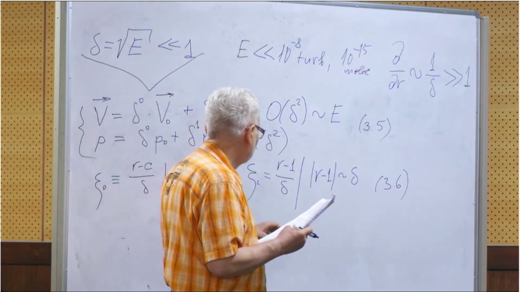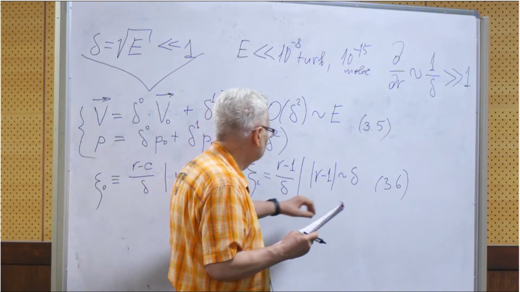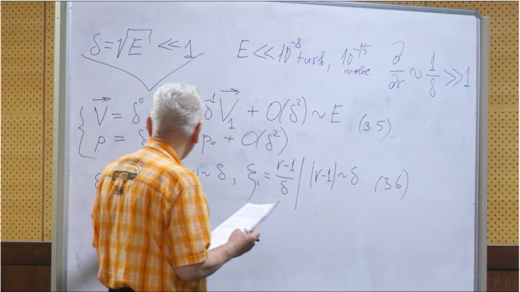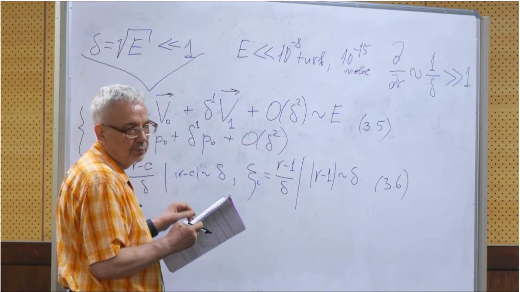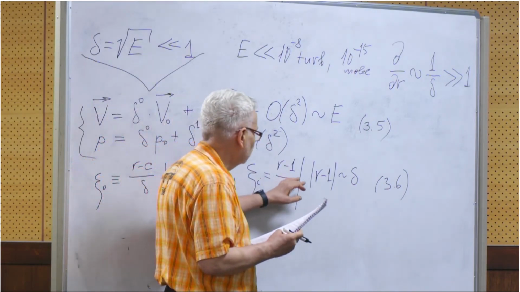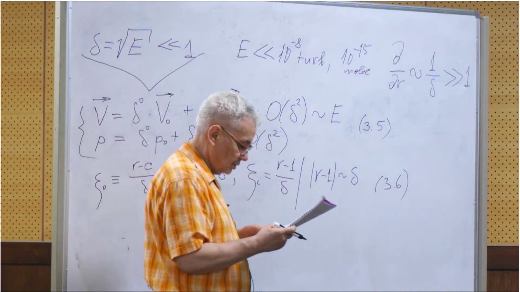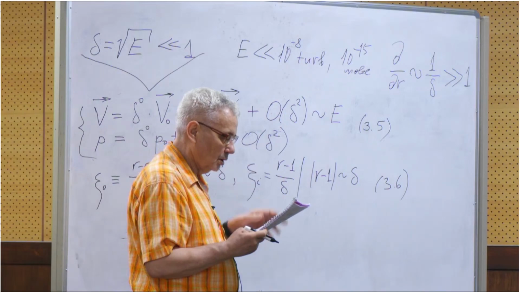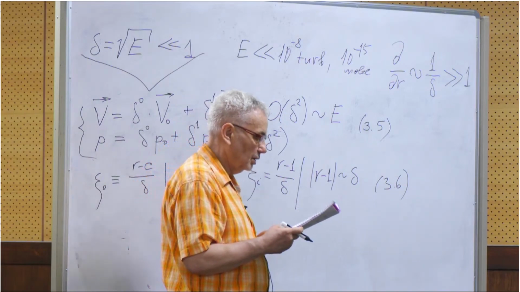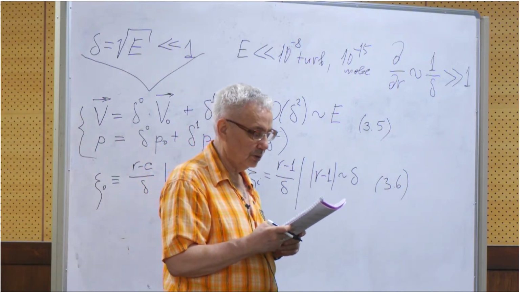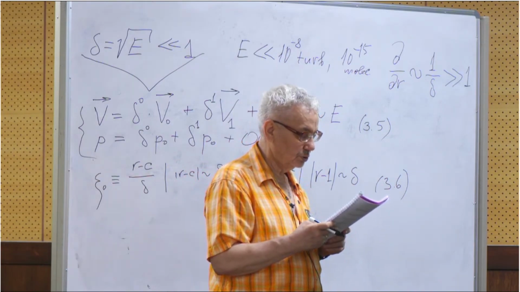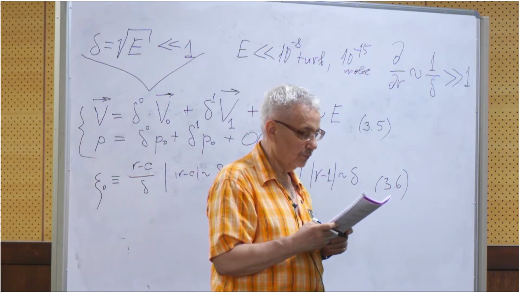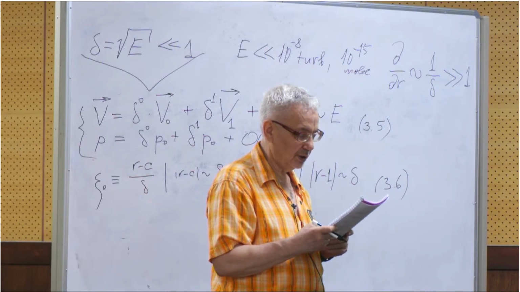Under this condition and this condition, you see that this stretched variable becomes of order unity when we're in this boundary layer. In the outer boundary layer, and the internal stretched variable theta E has a magnitude of order 1 in the inner boundary layer.